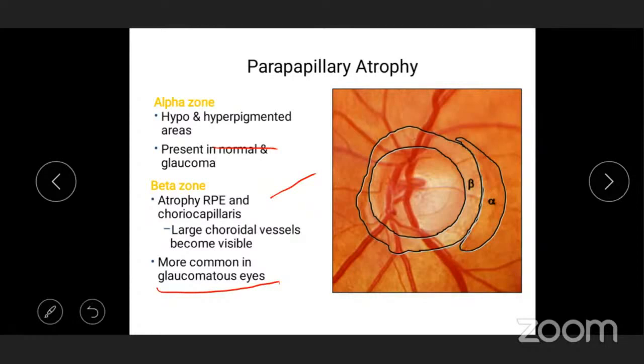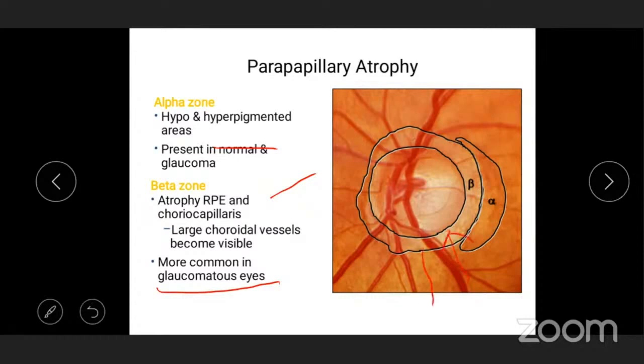And because beta zone is so important in glaucoma, I have a mnemonic to teach you. So the mnemonic to learn beta zone is the 3 B's. 1 B is the beta, the name. The second B is because it is dangerous, it is more likely to be glaucoma. So the second B becomes beware. And the third one, it is the one closer to the disc.